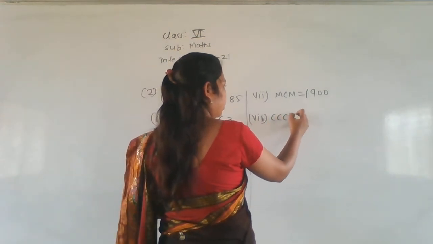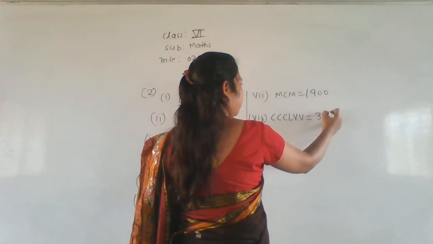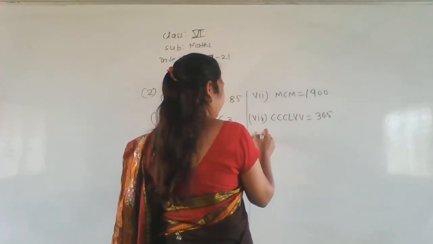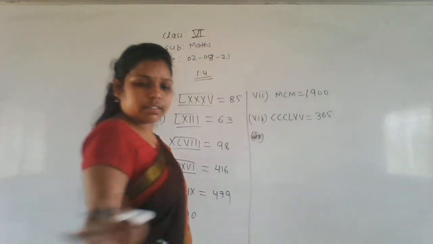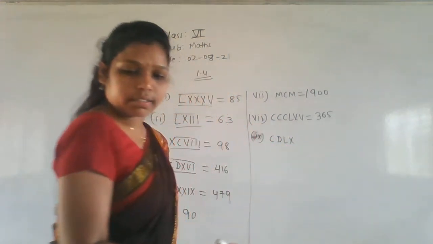Triple C LX, 365. Next, ninth one is CDLXIV.